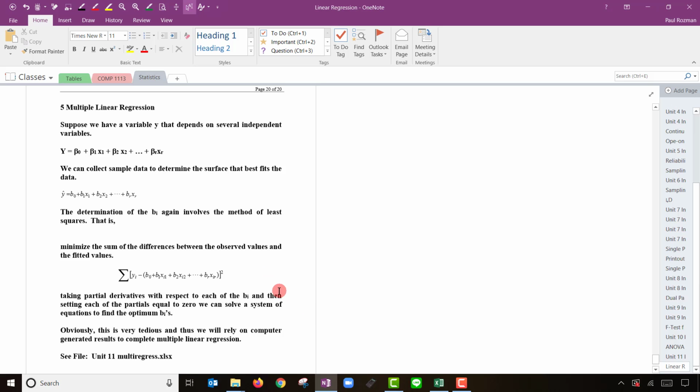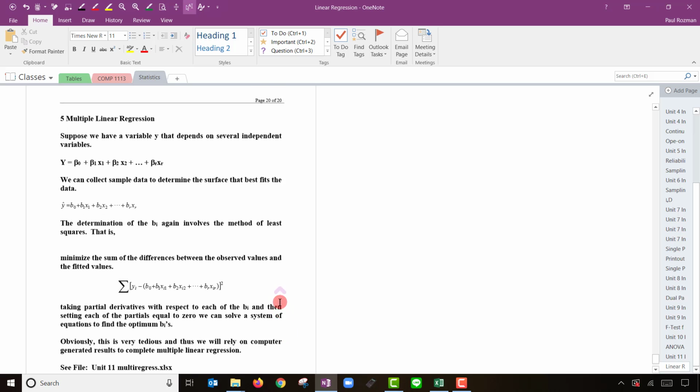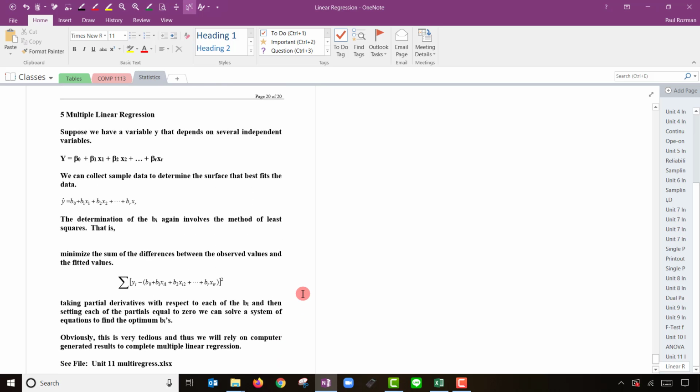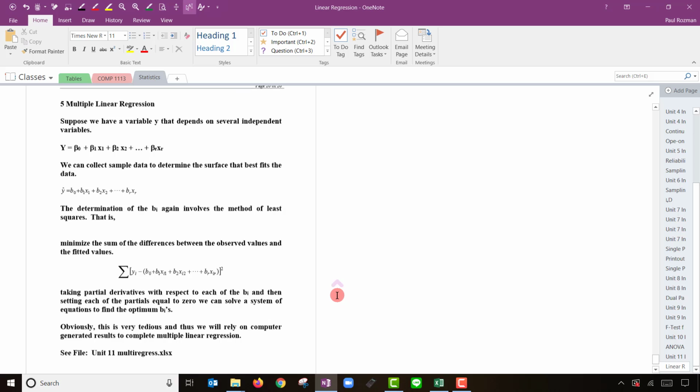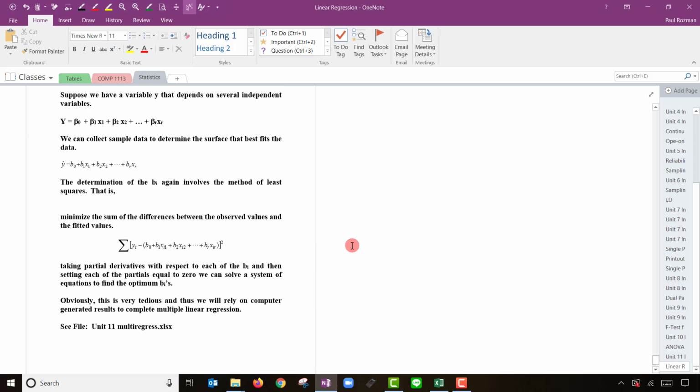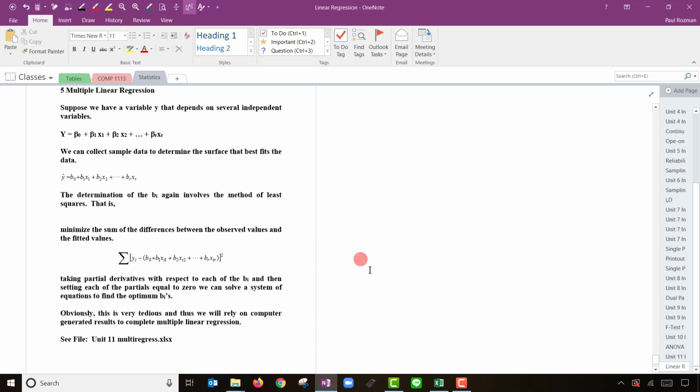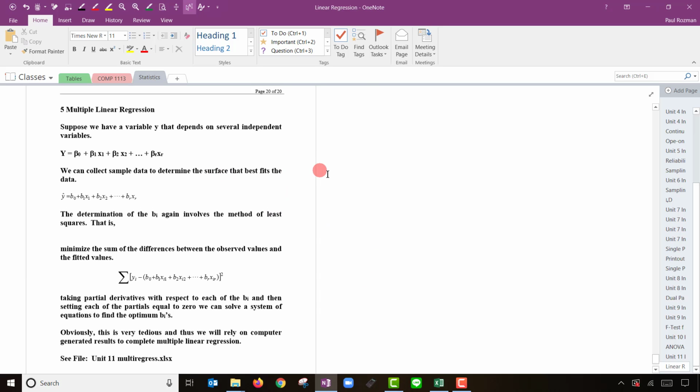But again, we would use software to do that. I posted a file showing a little bit of that. Take a look at that if you're interested. Multiple linear regression is often an entire course, but we can do a quick example. There's a file that you can take a peek at.